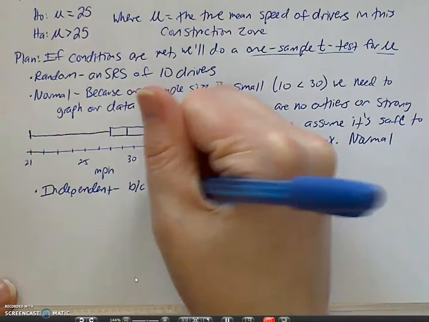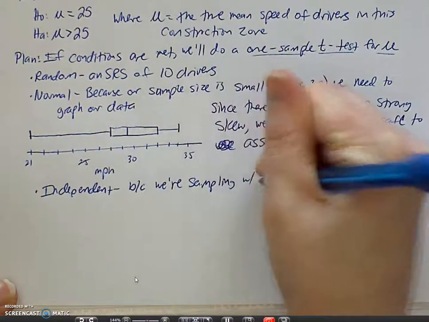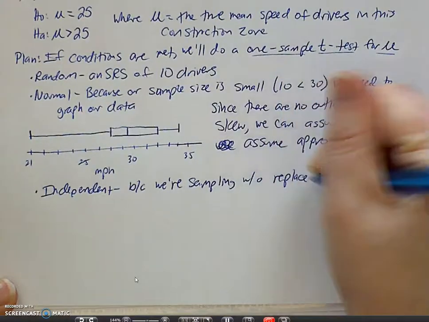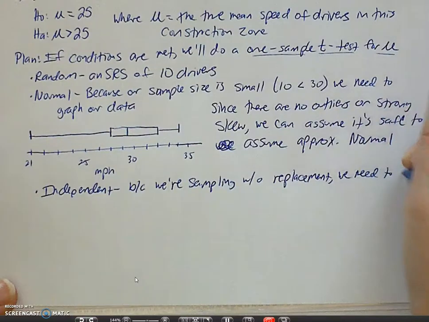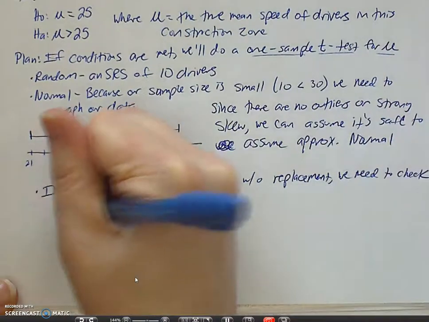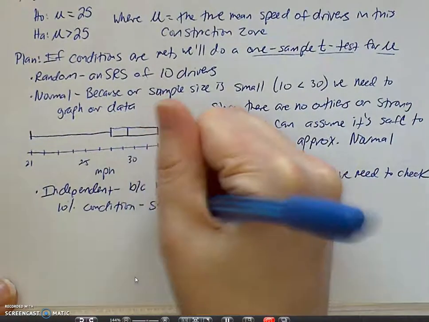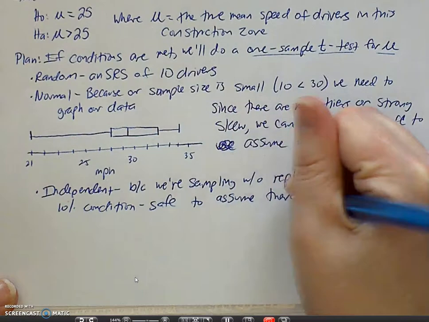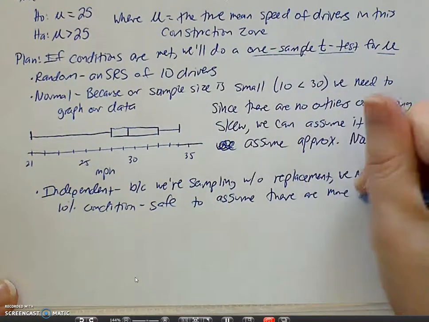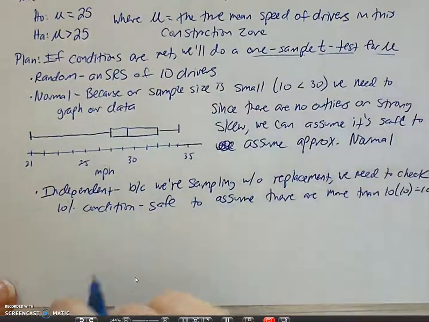Because we're sampling without replacement, we need to check the 10% condition. And we're going to say that it's safe to assume there are more than 10 times 10, which is 100, drivers that go through this construction zone.